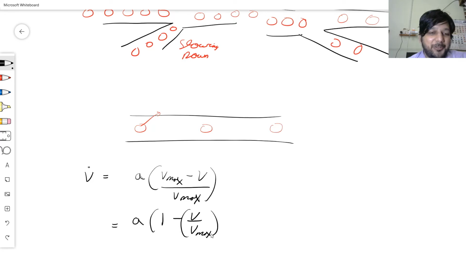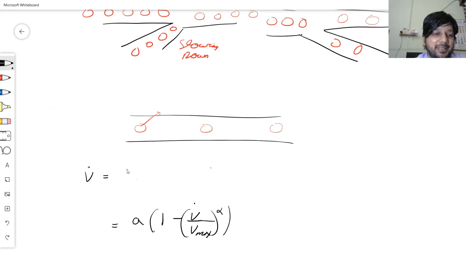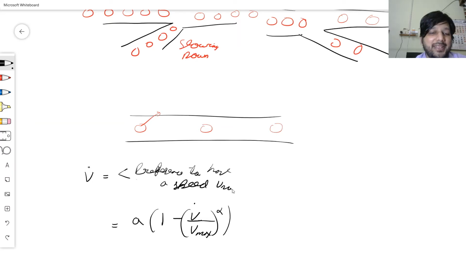And let's say that I also have a rate of change, so let's say that I change it by a magnitude of alpha. That's another constant in terms of the power that I have included. So this is what I call the preference to have a speed Vmax.